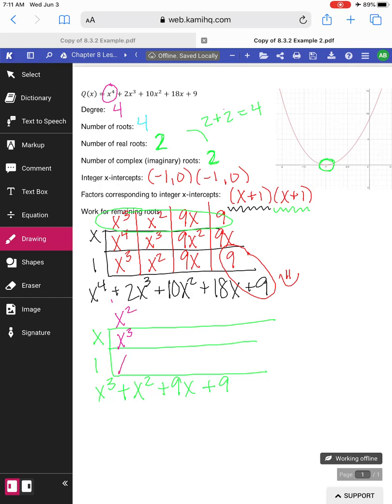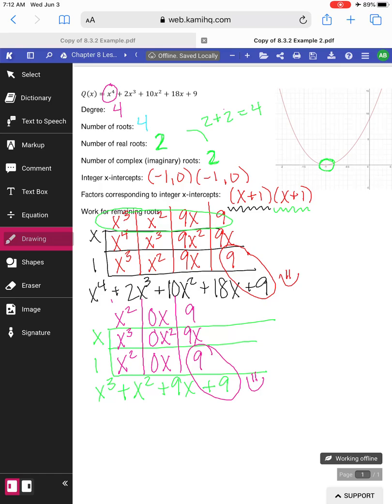X times x squared gives us x cubed, which goes on the bottom as well. We actually want x squared, so that's going to be 0x squareds, so we have 0x and 0x. We want 9x's, so we need 9x here, which gives us a 9 on top and a 9 on the bottom. So no remainder, which is a good thing.